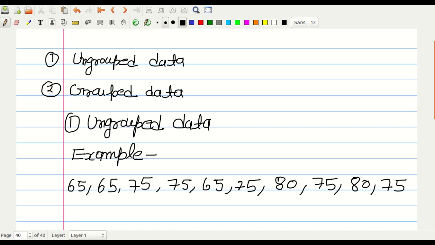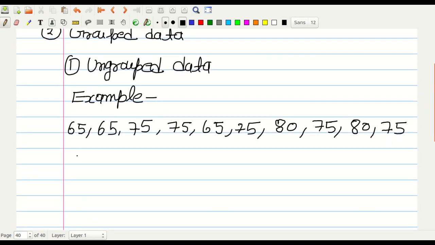So you can say that this is ungrouped data, and this data is also called individual series because each individual observation is written there. So this is also called individual series.